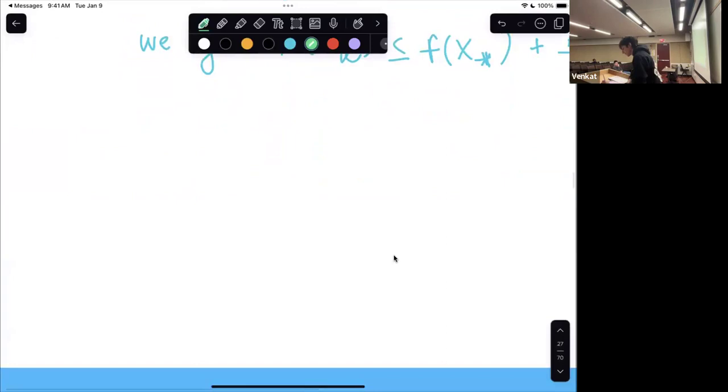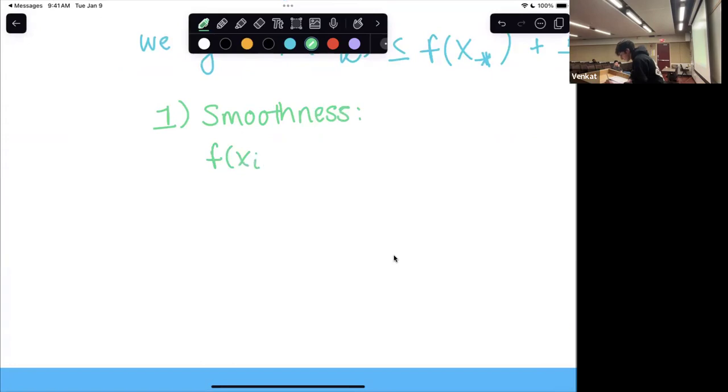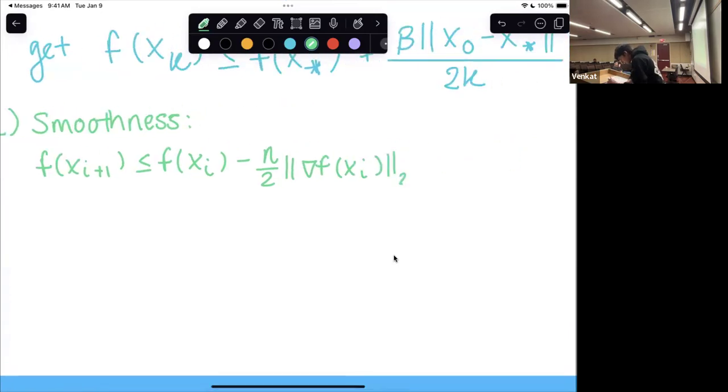We're going to start off with two things that we already know. This one is by smoothness. So this is another property of a function being beta smooth. For everybody's information, this is just a definition. That's why we want it to be beta smooth.